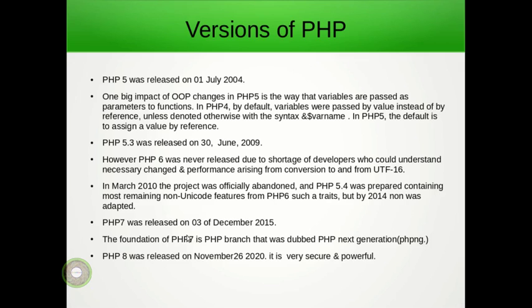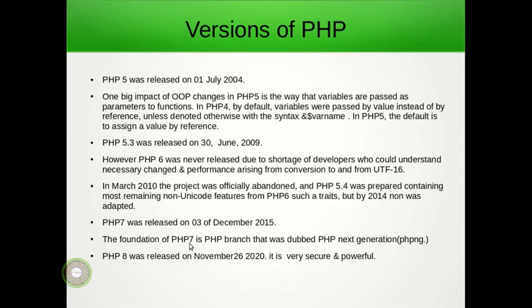PHP 7 is very secure, and I tell you that hackers run scans to see who's running PHP 4 and 5. As soon as they detect anyone using PHP 4 and 5, they quickly go there and start scanning the website. So if you're using PHP 7, you are in the safe zone.